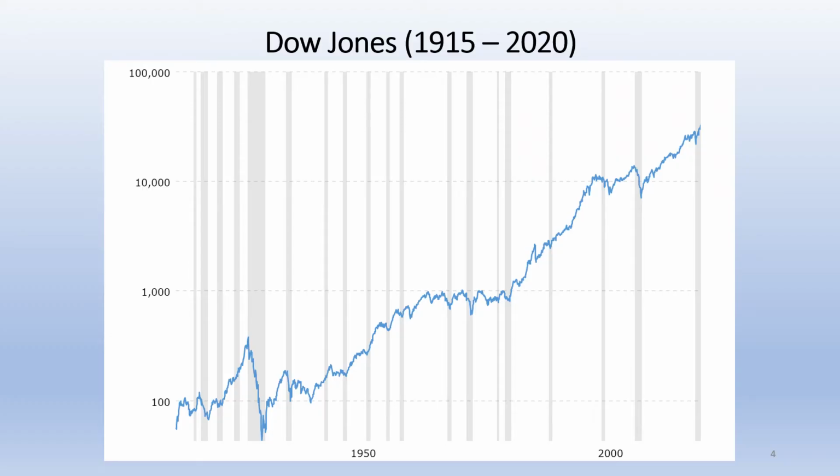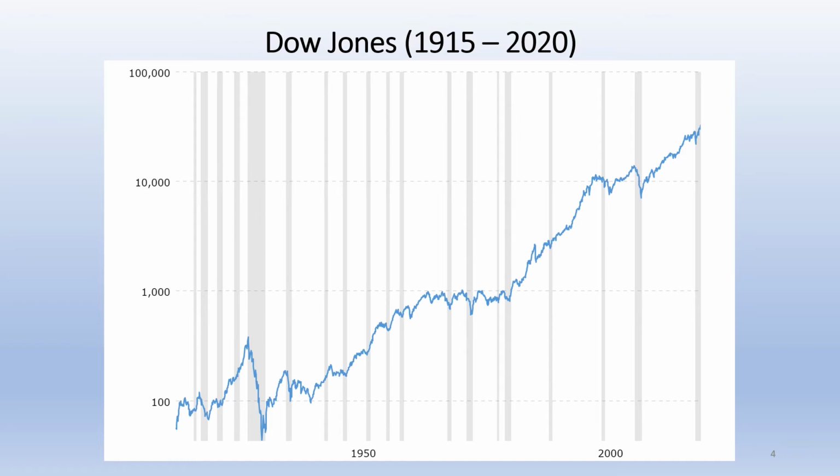Now, if we look at this graph, this is the Dow Jones Industrial Average from basically inception, say 1915, all the way up to the end of 2020. And I've backed it out from inflation, so we've just got hard data.